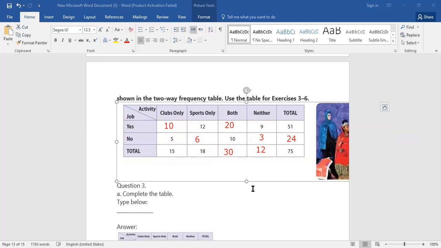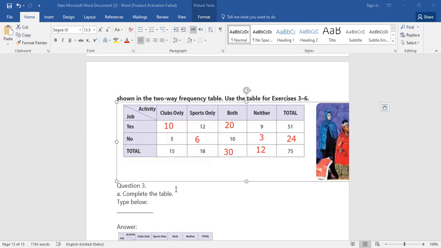After that, he wants from the question to complete a table. Second, if I want to change this table into a relative frequency table, how will we change it?